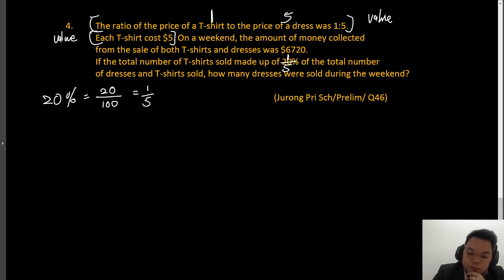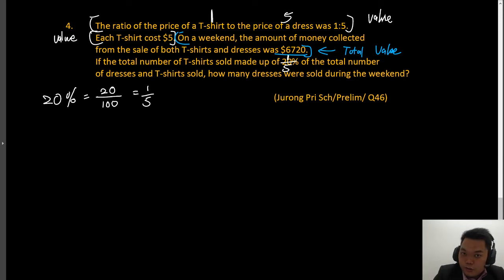Okay? The next part is that on a weekend, the amount of money collected from the sale of both t-shirts and dresses was $6,720. This describes the total value of everything. All the things that have been sold, this is the amount that we collected.